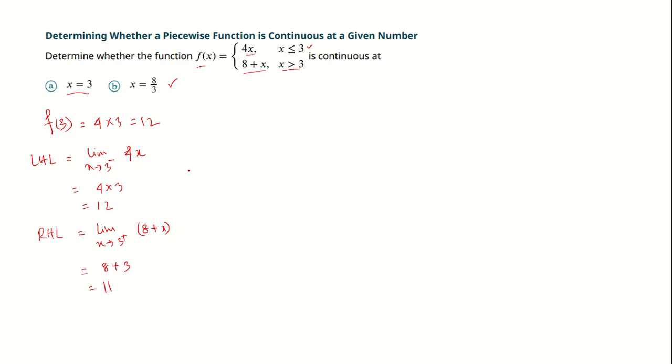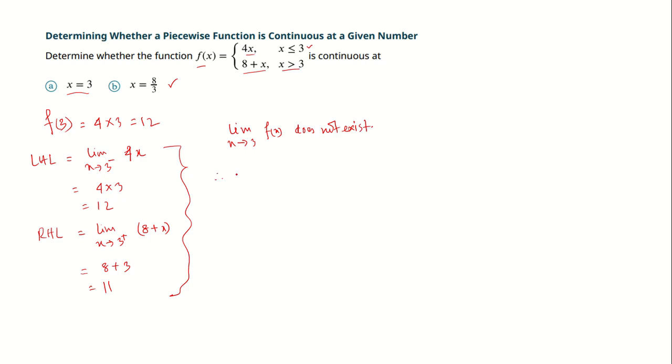So what does it mean? We have here the left hand limit is not equal to the right hand limit. That means the limit doesn't exist for x equals 3. So the limit as x tends to 3 of f of x does not exist.